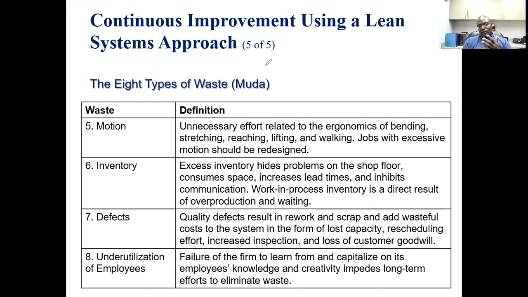When a product is received and it's not in the quality that the customer expects, it becomes a defective product. This is something companies try to minimize, because defects result in a whole bunch of different costs.